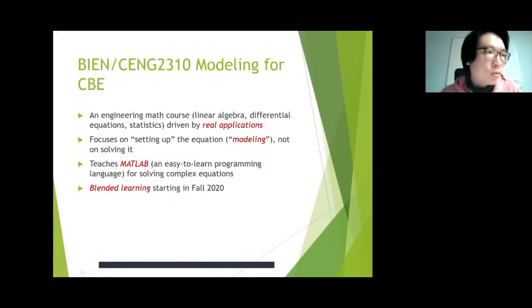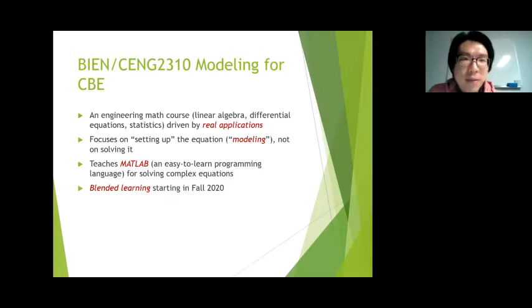All right. So I guess my course is new. This is called Modeling for Chemical and Biological Engineering, and you take it in year 2, fall semester, if you join CBE. So the course is actually quite unique, I think. I would say in the whole university, we don't have a course like that.